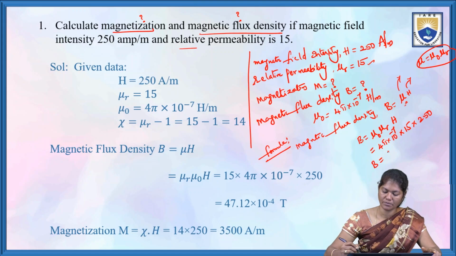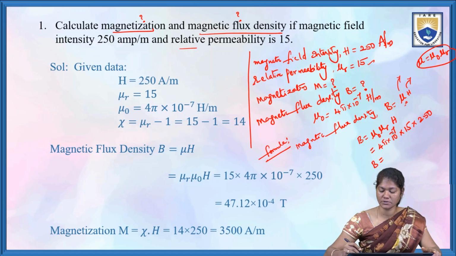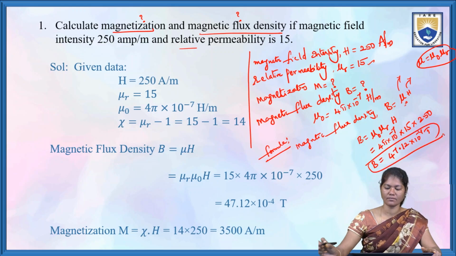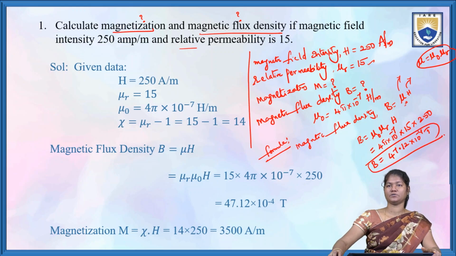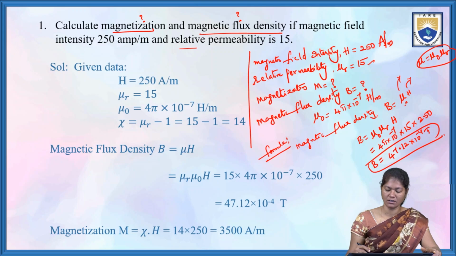So the magnetic flux density becomes B is equal to 47.12 into 10 power minus 4 Tesla. This is the magnetic flux density value.